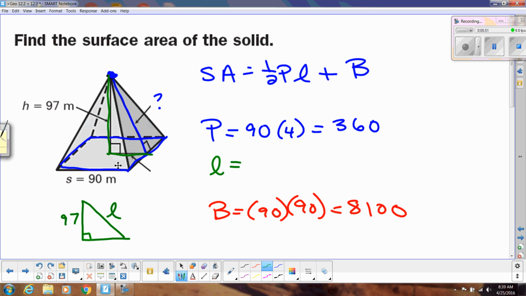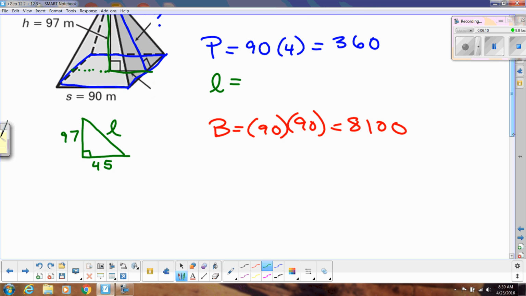Now, if this is 90 all the way across, then that triangle would be half of that distance, because that would be 45, and that would be 45. So I'm finding the hypotenuse, which is going to be the same thing as my slant height right here. Okay, so all we're doing is Pythagorean theorem. So 97 squared plus 45 squared is going to be equal to our slant height squared.